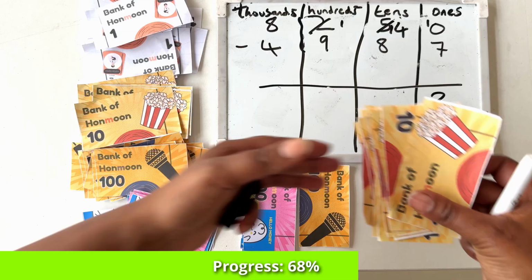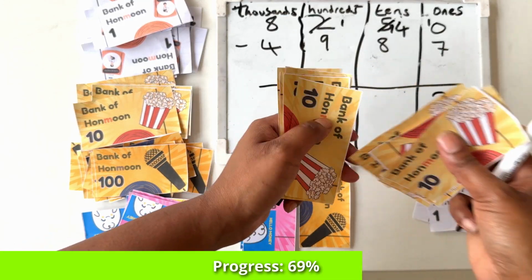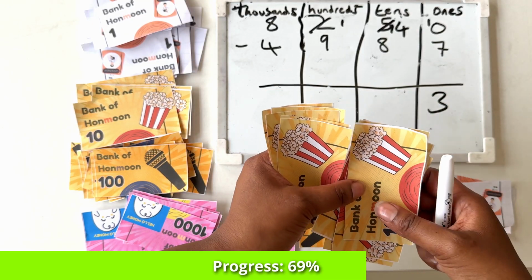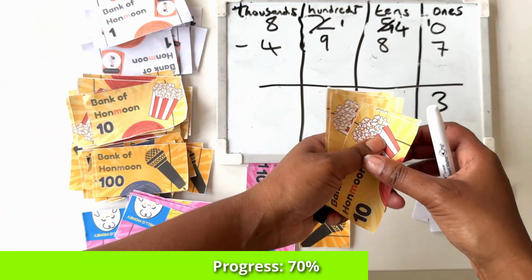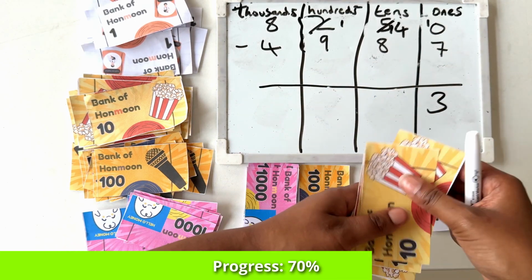And I'll take away the 8. 1, 2, 3, 4, 5, 6, 7, 8. That's 6.